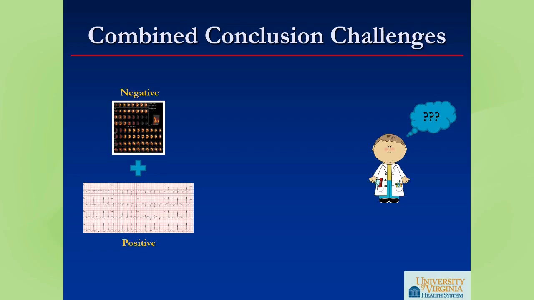And so how can you, as an interpreter, in your report, help provide guidance to the referring clinician on what to do with this information? We've actually come up with a way to do this, and in revising the ASNC reporting guidelines a couple of years ago, I brought up what we do at UVA, and it's actually been incorporated into the guidelines.